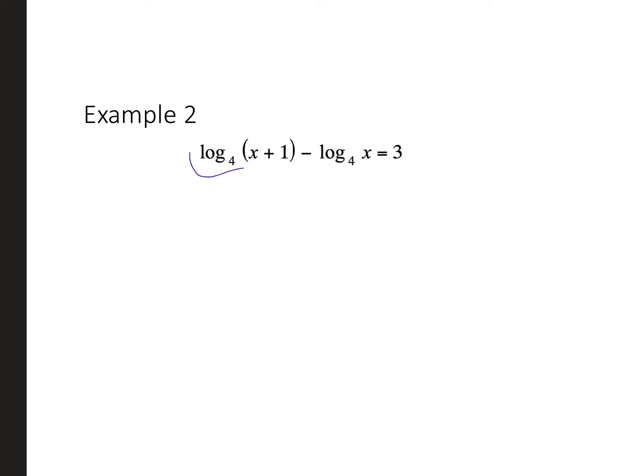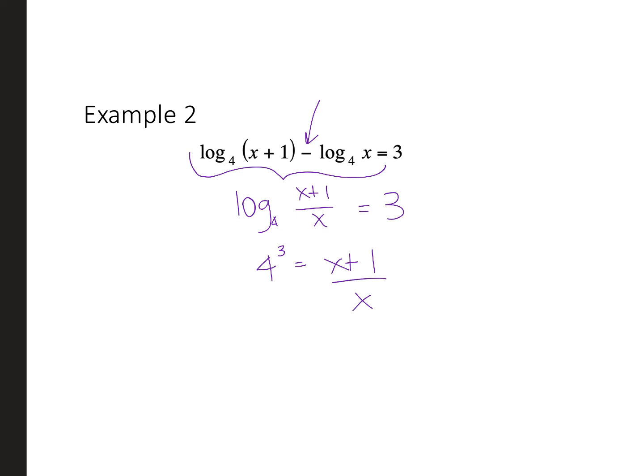Okay, scooting this up. So this one has 2 logs. You can see them right here together on the same side. So I'm going to condense that side. Now notice they're held together with subtraction. So when I condense, I'll have x plus 1 divided by x. Now on this one, I don't have a log on each side. I have a single log. When you have a single log, the only thing you can possibly do is get it out of log form completely. So I'm going to have 4 to the third is equal to x plus 1 over x. 4 to the third actually equals 64.